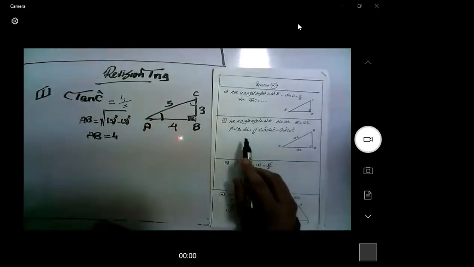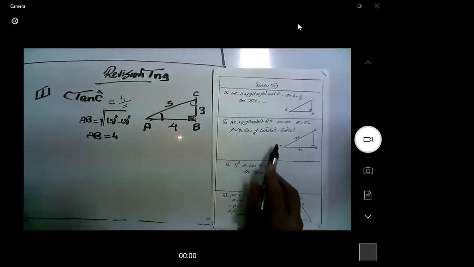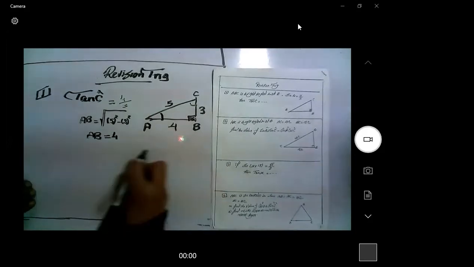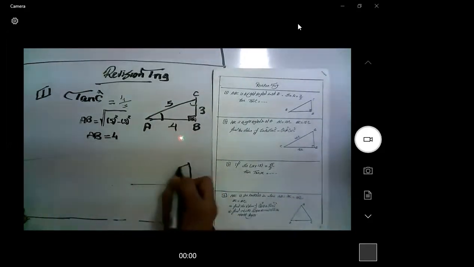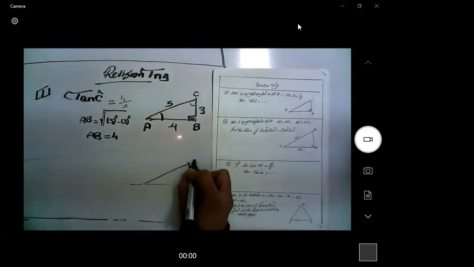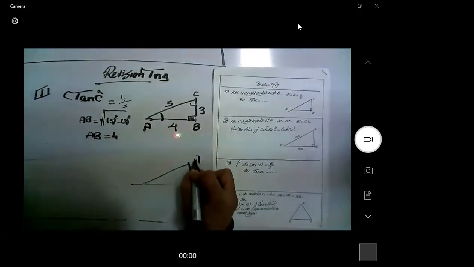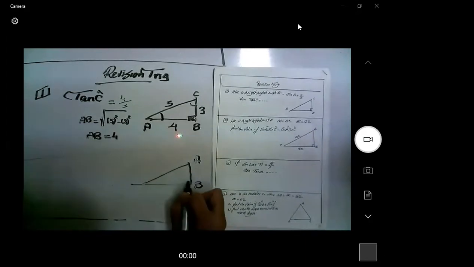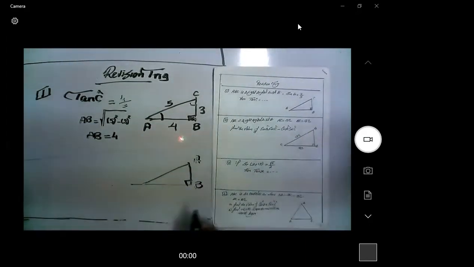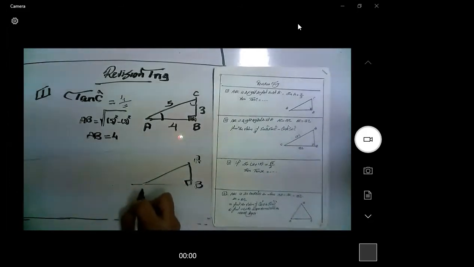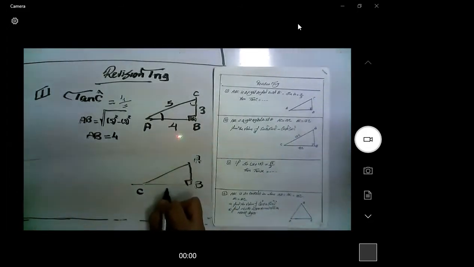Okay, the second question. ABC is a right-angled triangle at B. BC equals 12 centimeter.